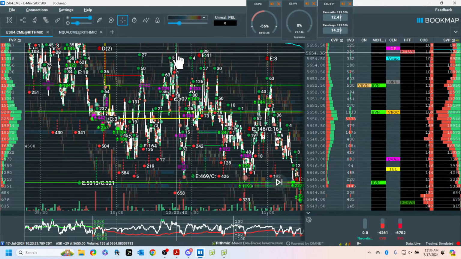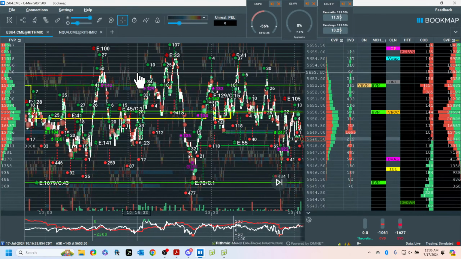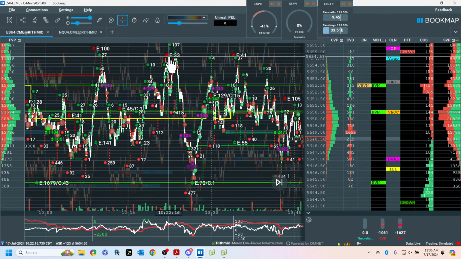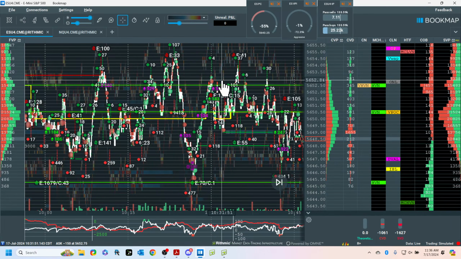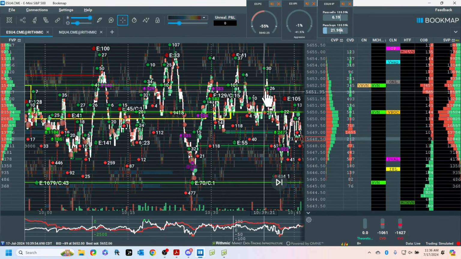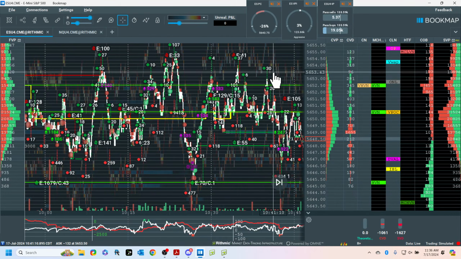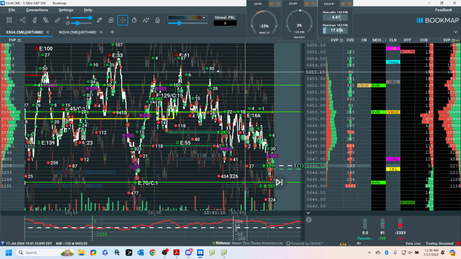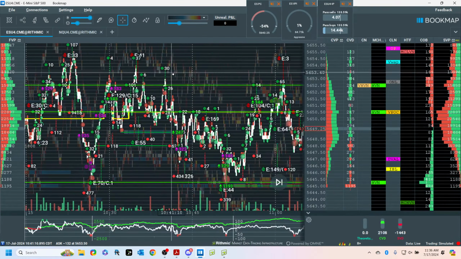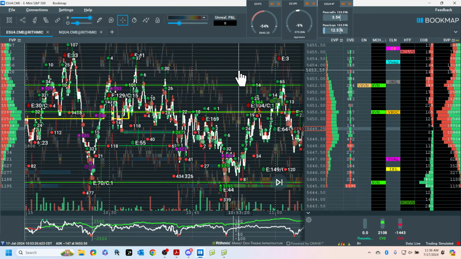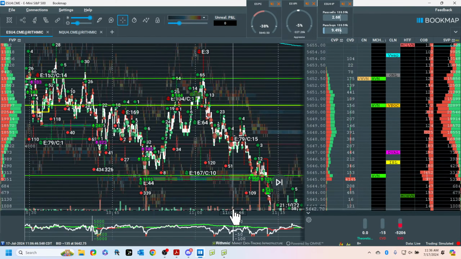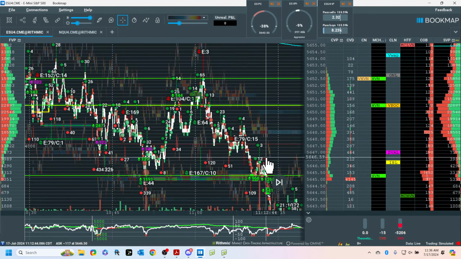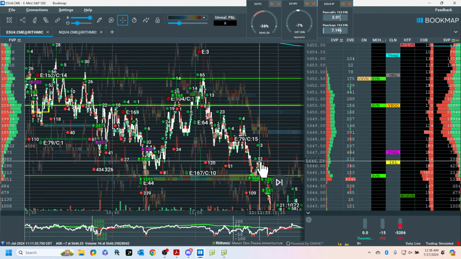And what do you see? Let's look. What do you see? Short, short. All these are shorts. Watch. Short. This is an IB continuation trade. It's a structured trade.